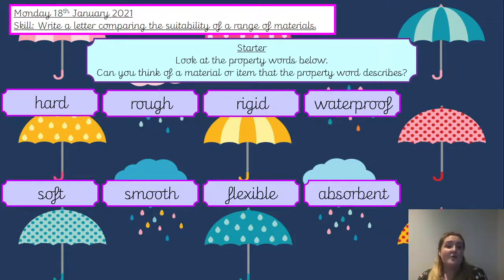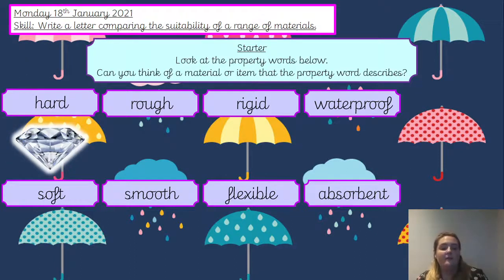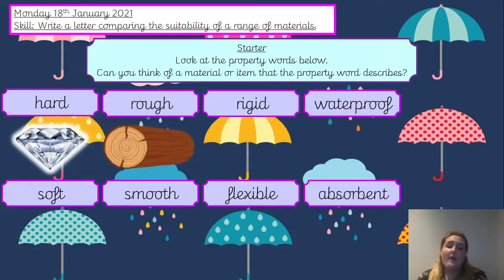Okay, I'm sure you've come up with lots of brilliant examples. For hard, I have picked a diamond. You might have picked metal or wood. For rough, I have picked the bark, so a wooden log, and in the bark, if we were to feel that, it wouldn't be smooth, it'd be quite bumpy, so it'd be rough. Rigid then, I've picked a wooden ruler, because a wooden ruler is not flexible, it's very rigid.